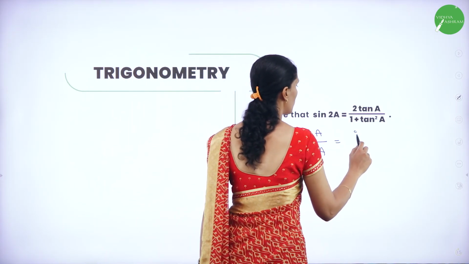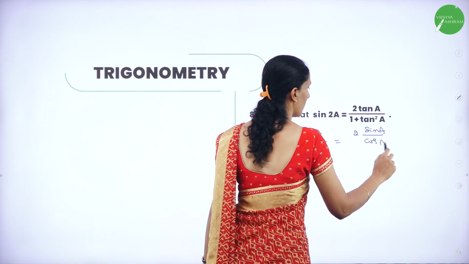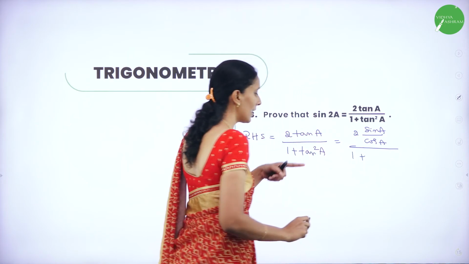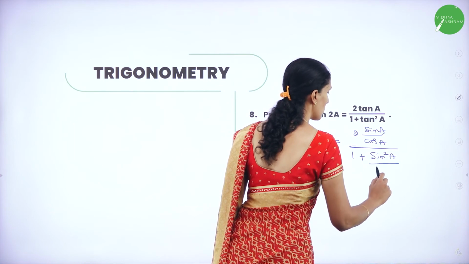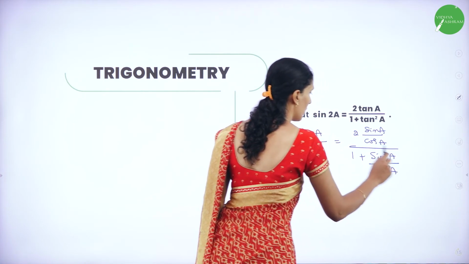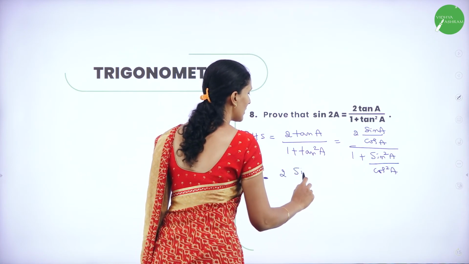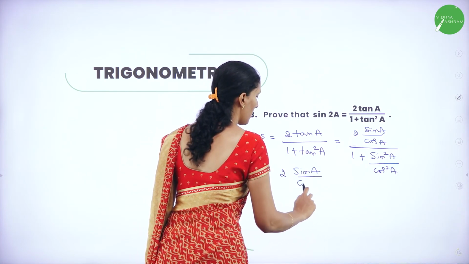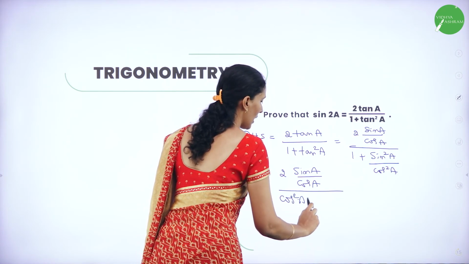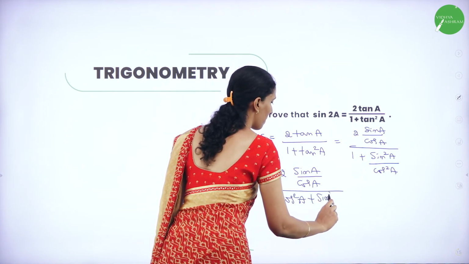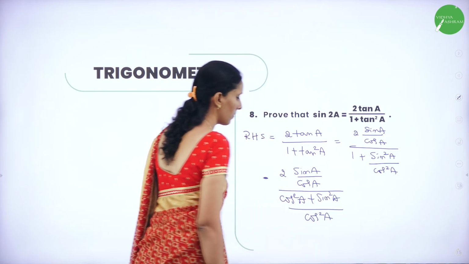Then this becomes 2 sin A by cos A divided by 1 plus tan square A, which is nothing but sin square A by cos square A. Now solve the denominator part. Numerator it is same, 2 sin A by cos A whole divided by (cos square A plus sin square A) divided by cos square A.